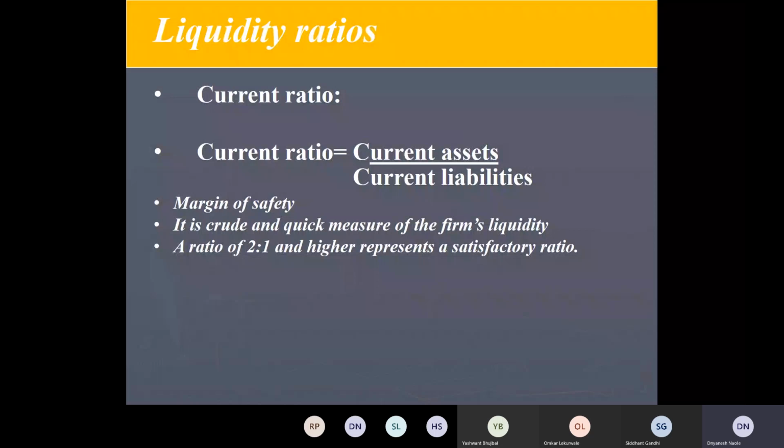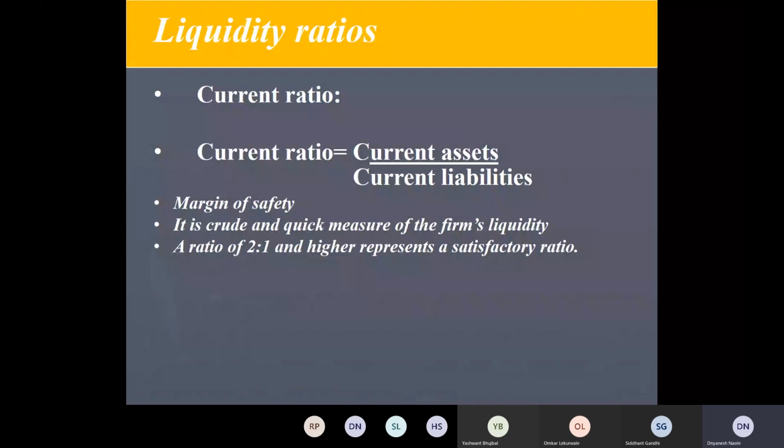But please remember, even very high current ratios are not recommended, because that goes to show that a good amount of your capital is not properly invested. So unnecessary liquidity is also to be discouraged. So 2:1 or a little bit higher ratios are satisfactory ratios.